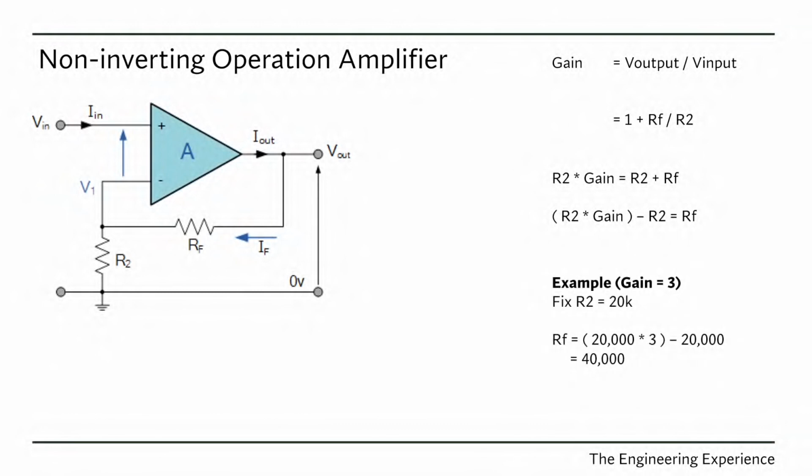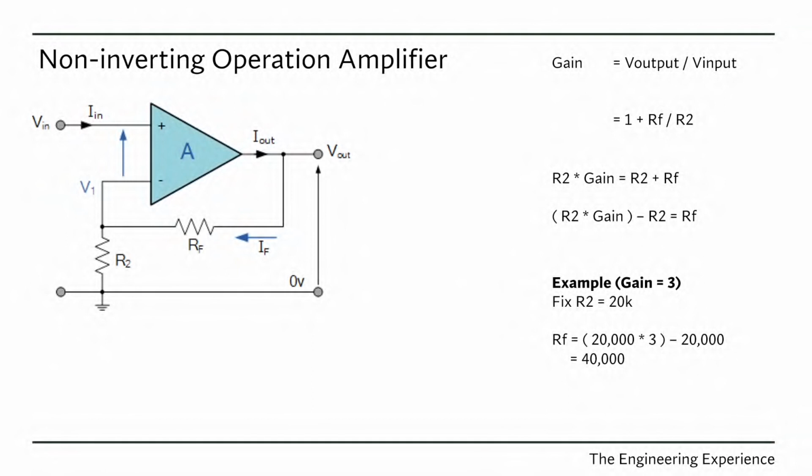Just a quick example for a non-inverting amplifier set up to produce a gain of 3, so it amplifies any input signal by 3. First step, we've got the reorganized equation. We're going to fix the value of R2 to 20k, and then that lets us calculate the value of RF.